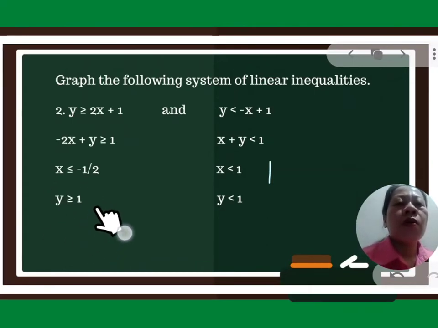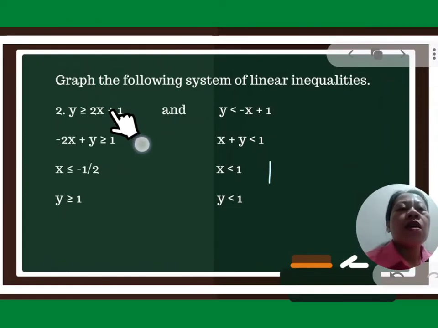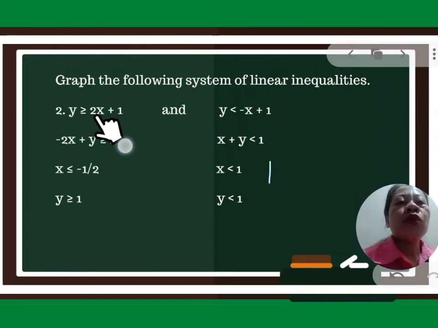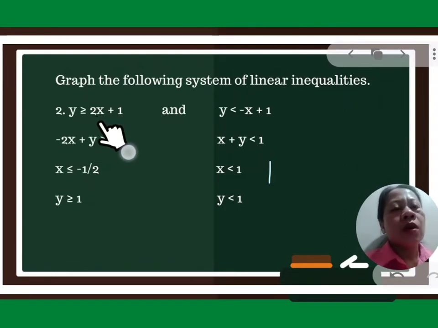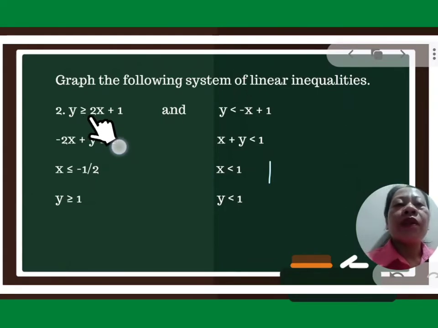So this is our y-intercept sa unang inequality. And then, para masolve yung x-intercept, kasi gagamitin natin yung x and y-intercept sa pag-graph, pag-draw ng line. Okay? So, kailangan natin ng x and y-intercepts. Okay, so meron na tayong y-intercept.